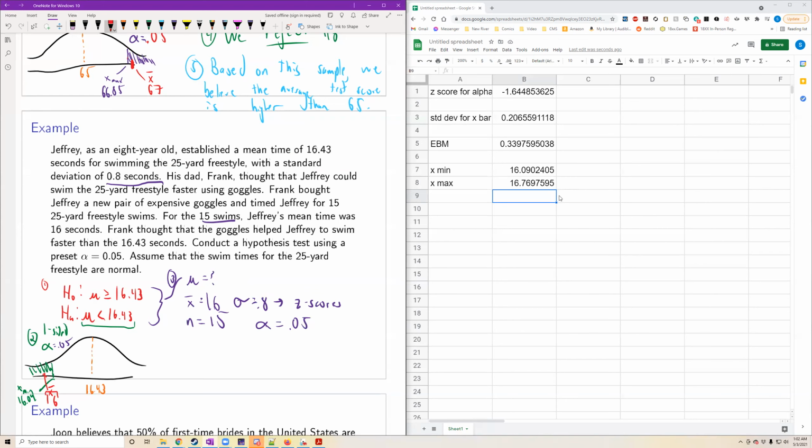So we will say that we reject the null hypothesis, which means, based on this sample, the goggles do reduce swim time.